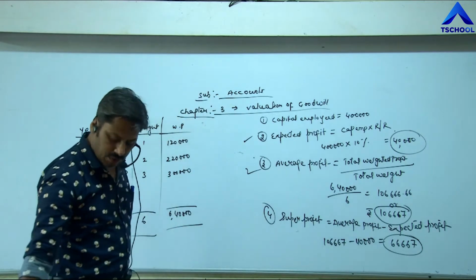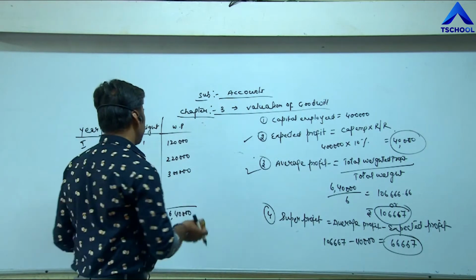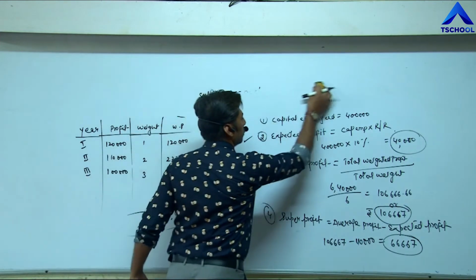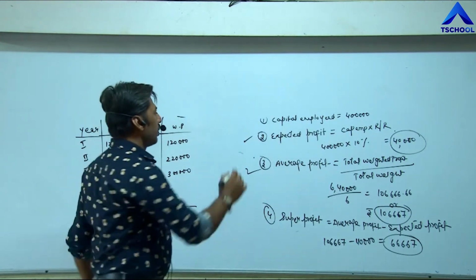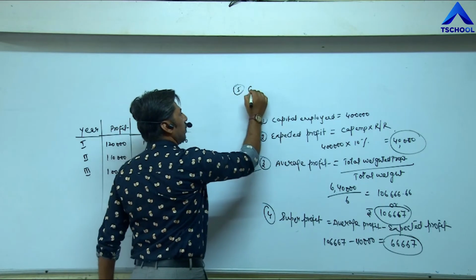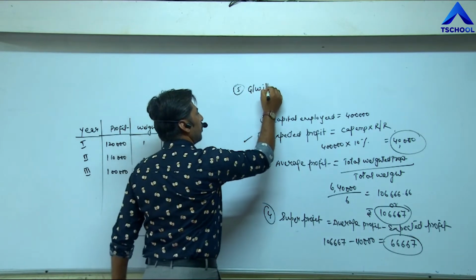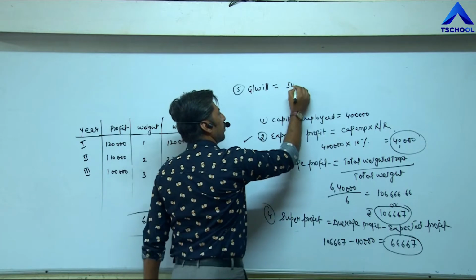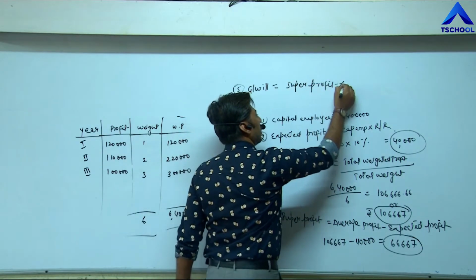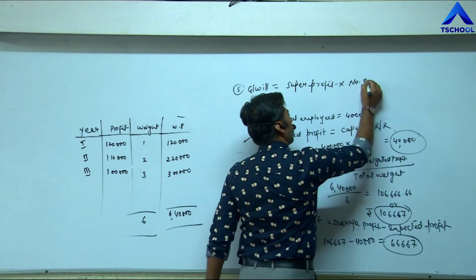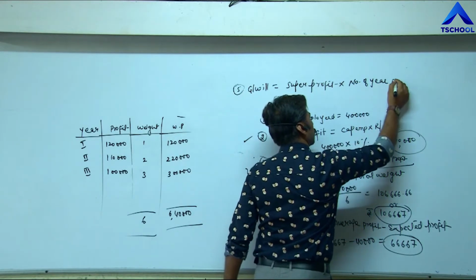And last step, goodwill. Fifth step, for calculating goodwill. Goodwill is equal to super profit into number of year purchase.